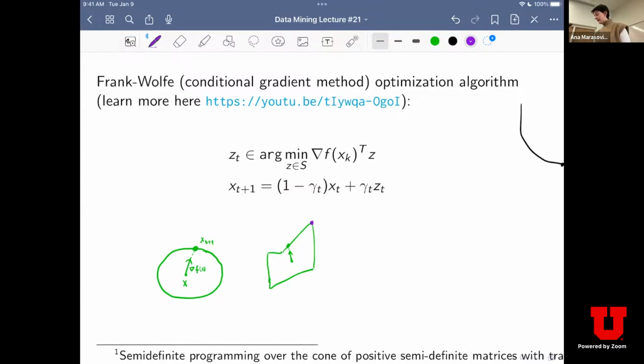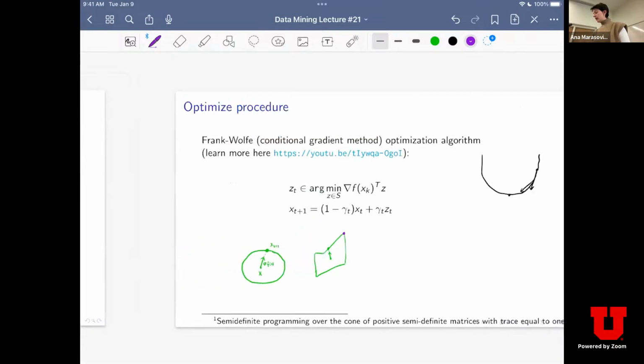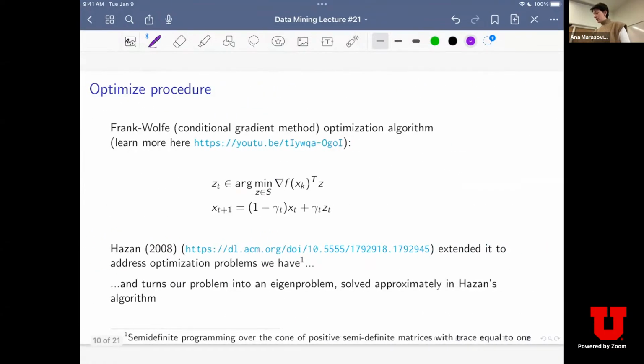And someone else has shown that this Frank-Wolf optimization procedure can be extended to address the optimization problems we have. And those are semi-definite programming over the cone of positive semi-definite matrices with trace equal to 1.